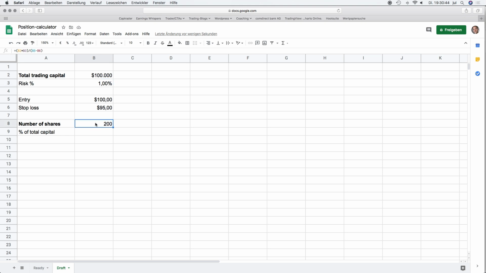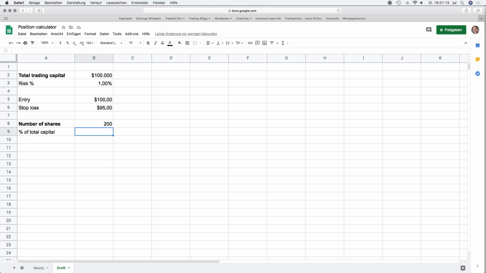And again, here is the formula: B2 multiplied with B3 divided through B5 minus B6. So very simple. So everyone should be able to do that. If you have problems with a spreadsheet, you should take a course, and you should be able as a trader to work with a spreadsheet, because it's a very important part of your trading.